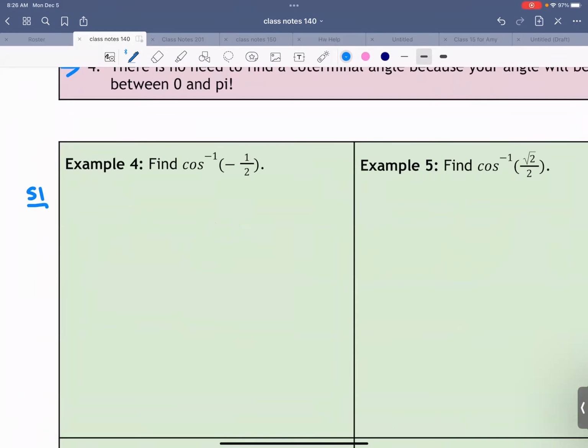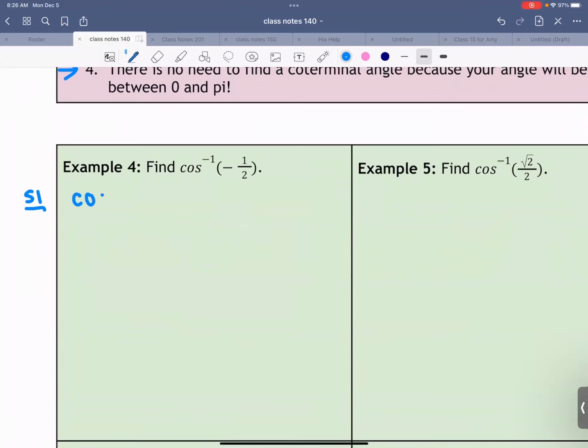Well, if I want to do step 1, I'm asking myself, the cosine of what angle gives me -1/2, right? That's what I'm asking myself here. Okay. I know that cosine is an x value. Can someone give me any angle that gives me an x value of -1/2?